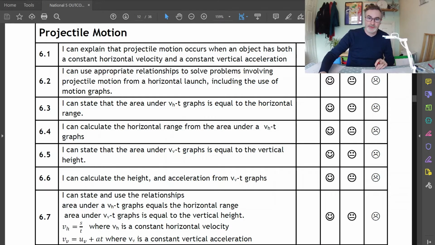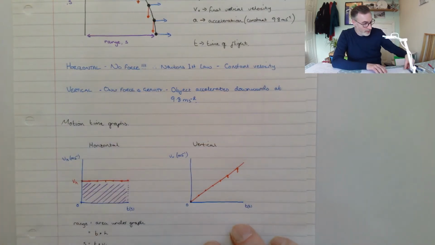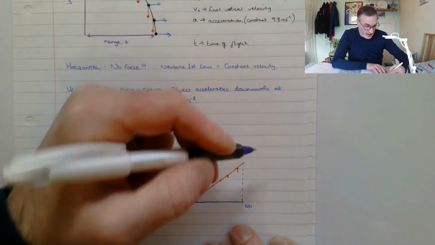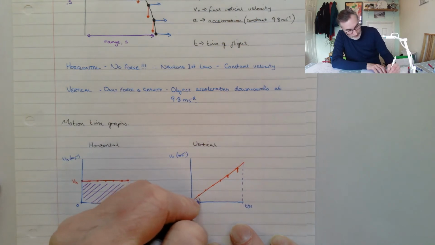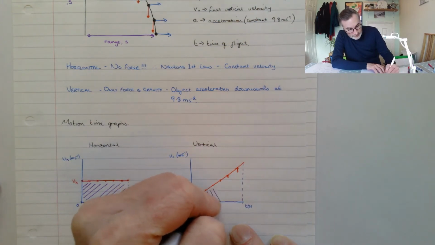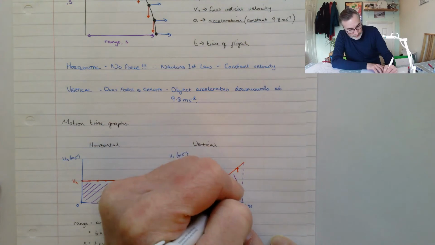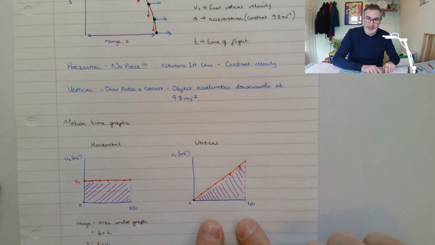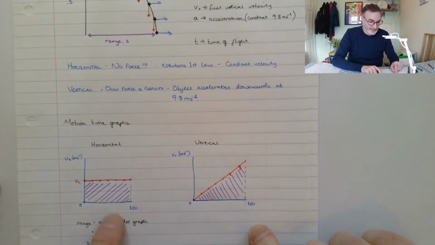Going back here, I can state that the area under a VVT graph is equal to the vertical height, and I can calculate height and acceleration from velocity time graphs. So we can use the area under a graph, and this is certainly more relevant here than for horizontal motion.